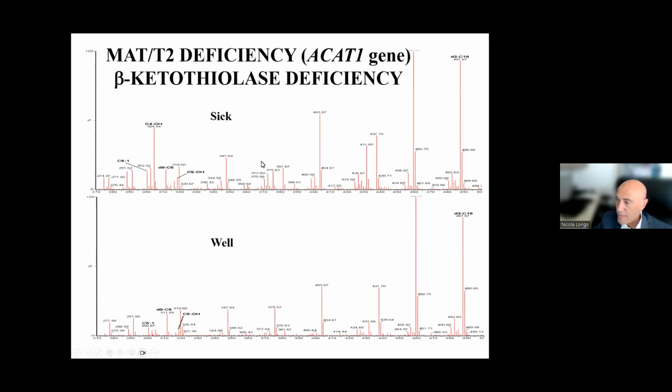In the plasma carnitine profile, when they are well, you see very mild to no increase of C5OH. When they are sick, you see an elevated C4OH, which is an indicator of ketosis, C5:1, and C5OH carnitine. So these are the markers of beta-ketothiolase deficiency.